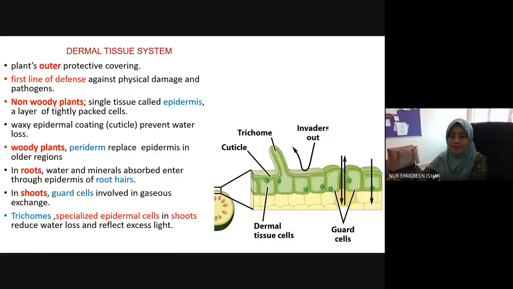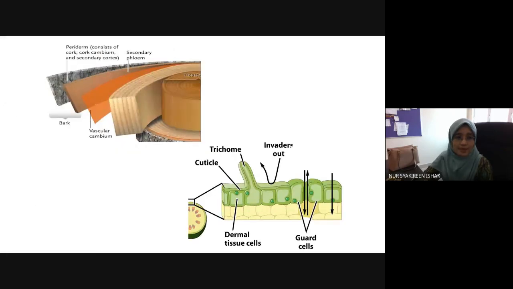And then for woody plants, tumbuhan yang berkayu, the epidermis will be replaced by the periderm, okay. Epidermis ni asal dia warna hijau, tapi bila dia nak jadi tumbuhan yang berkayu, dia akan replace dengan periderm. Macam ni lah periderm ni, right. Sorry, yang ni, this one, okay.